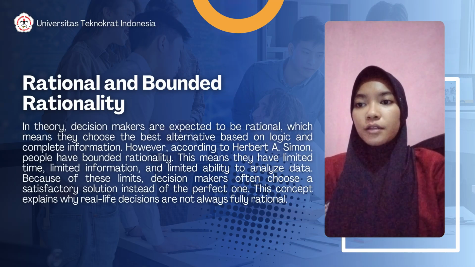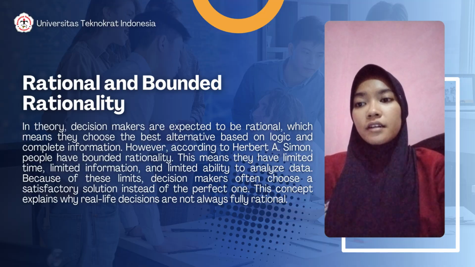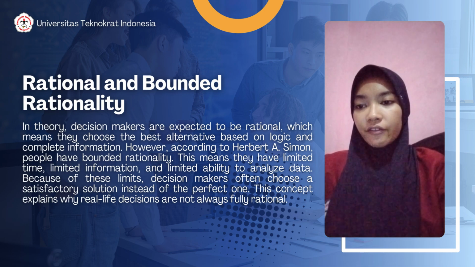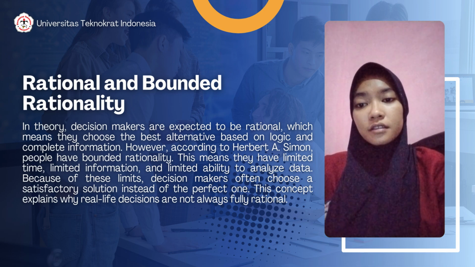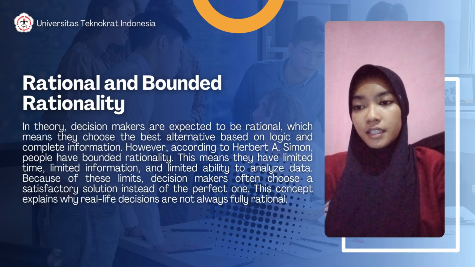Next, rational and bounded rationality. In theory, decision makers are expected to be rational, which means they choose the best alternative based on logic and complete information. However, according to Herbert Simon, people have bounded rationality.